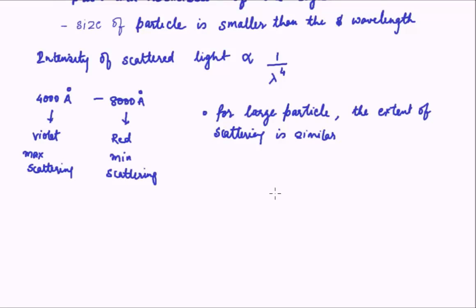Okay, now with this background, let us see some of the practical situations where this affects us, or where it plays a role. You must have observed that during sunrise and sunset, the sky appears reddish in color, right? Now, why is that?